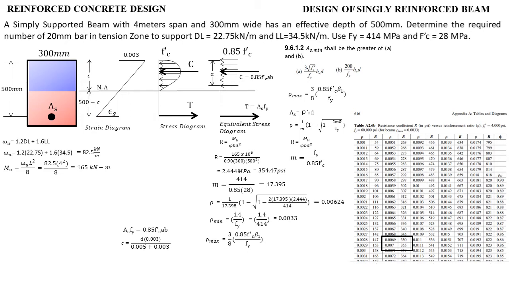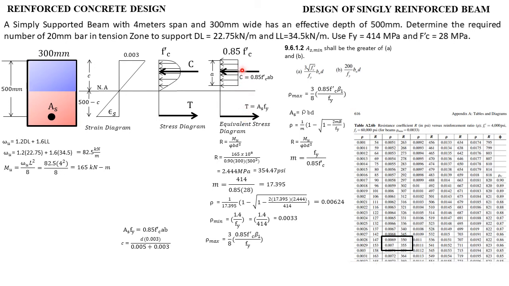Okay, so ito, okay, kung dumami pa ang steel natin, which is dito, for example, ito na yung design natin. Pag dumami pa to, pag dinamihan pa natin ang area ng steel, lalaki ang value ng T, since ASFy. Okay, so agree tayo. Pag lumaki ang value ng T, kailangan din lumaki ng value ng C, since they are equal.